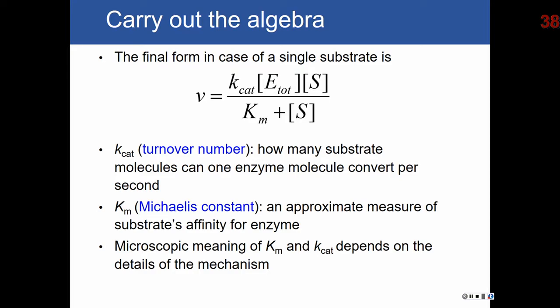When we do all the algebra, not the calculus, at the end, we find out that the final form, in the case of a single substrate, is that the velocity is equal to kcat times the total enzyme times the substrate concentration divided by the Michaelis constant plus the concentration of the substrate, where kcat is the turnover number, Km is the Michaelis constant, and so it depends on the details of the mechanism.